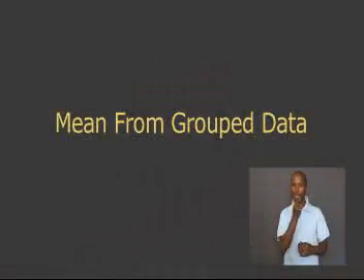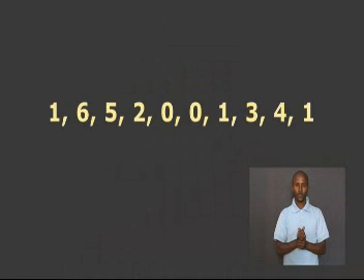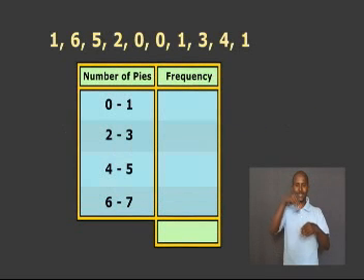In this video, a frequency distribution table shows how many times John has eaten a type of food called a pie. Let's look at a frequency distribution table. Here are the numbers of pies that John has eaten over a number of days. If you want to put that information into a table, you can do something like this.